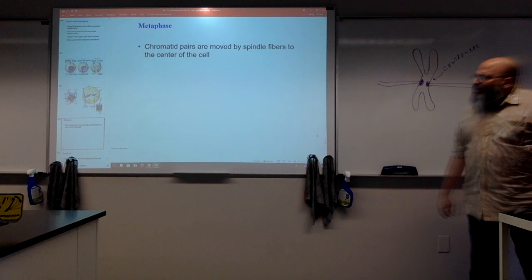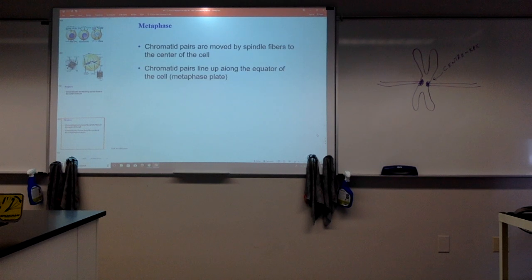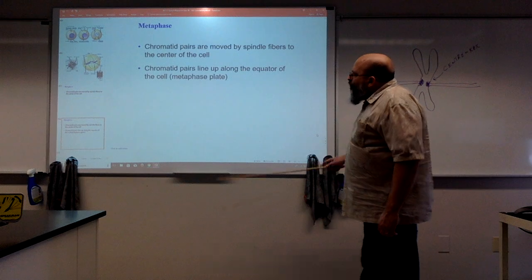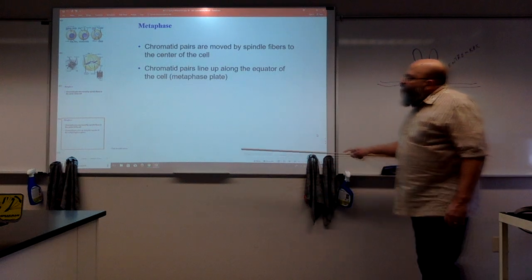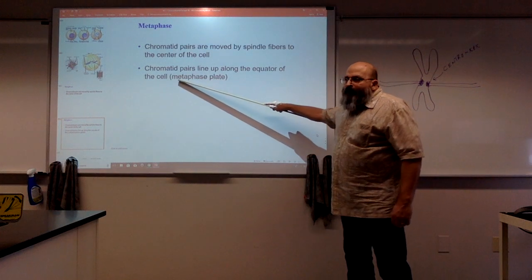And the chromatid pairs will be lined up along the equator of the cell, and that's an imaginary line called the metaphase plate.